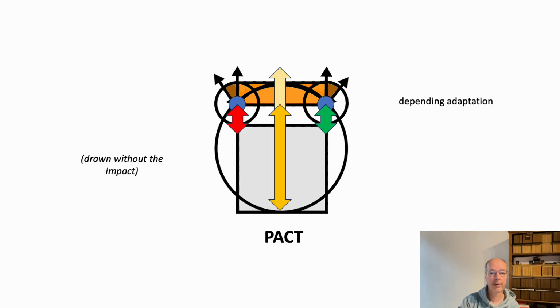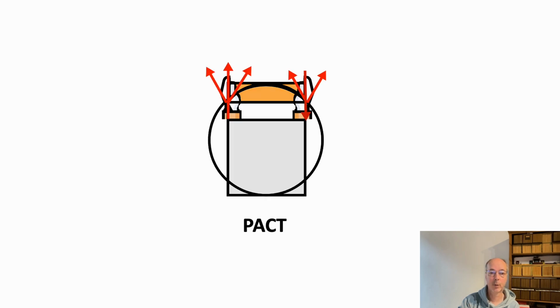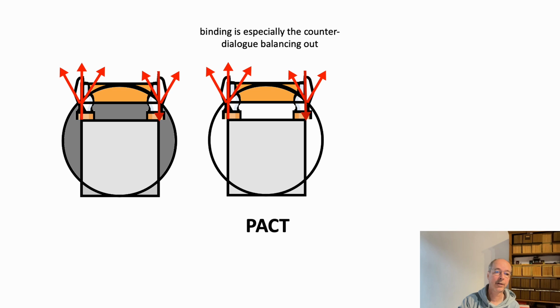As you can see, a depending adaptation. That's what I try to express here in the word to make it a bit more clear. It was one of the more difficult words, but I still was able to express it. With the two hands, I added them as well to make it more clear. And as you can see, there's a counterbalance and a balancing out of values.